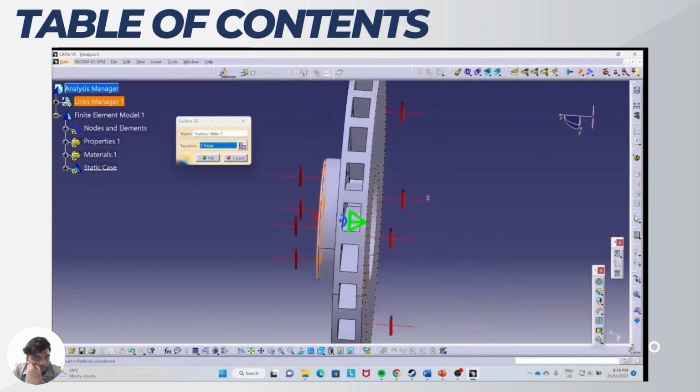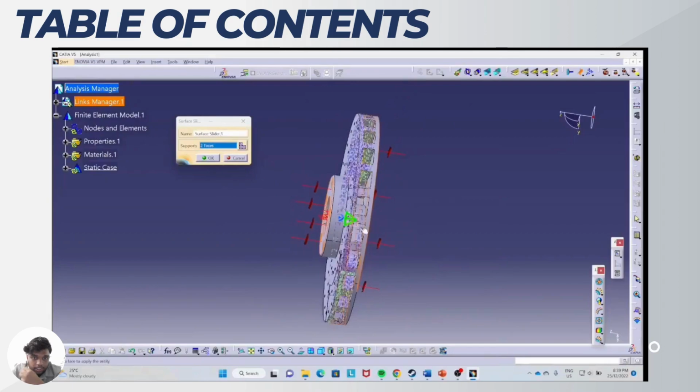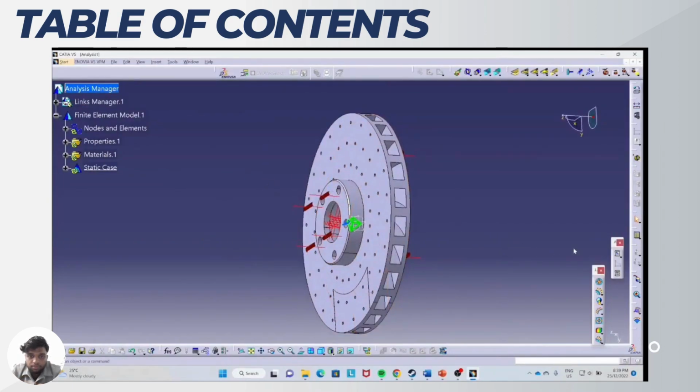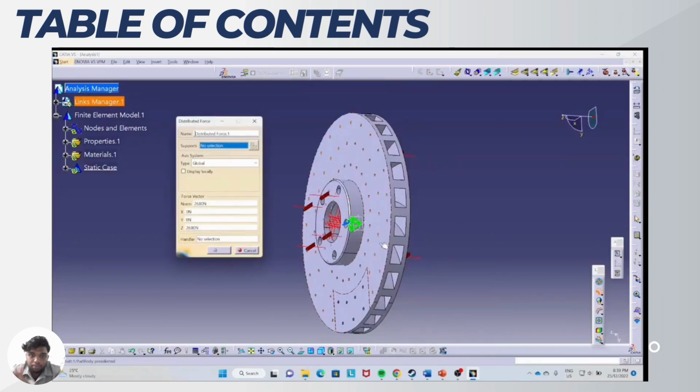The model may not be perfect, but it's understandable, and roughly from the viewing point we can understand that it's a brake caliper or brake rotor.